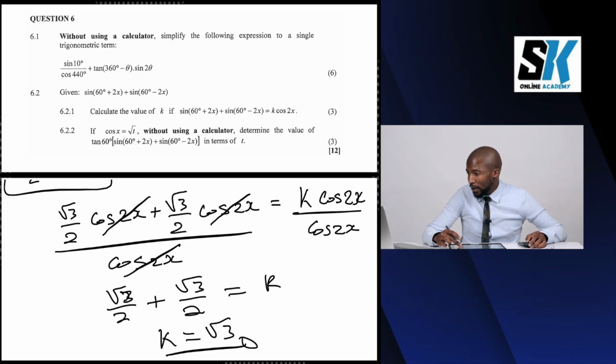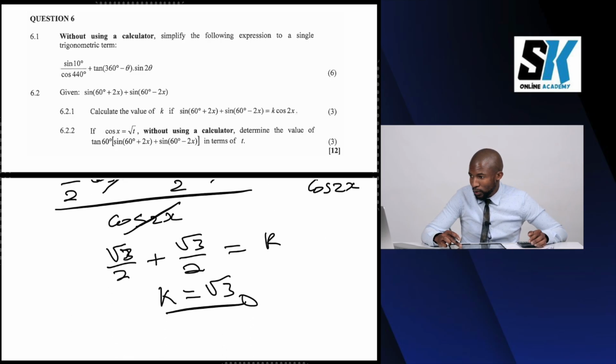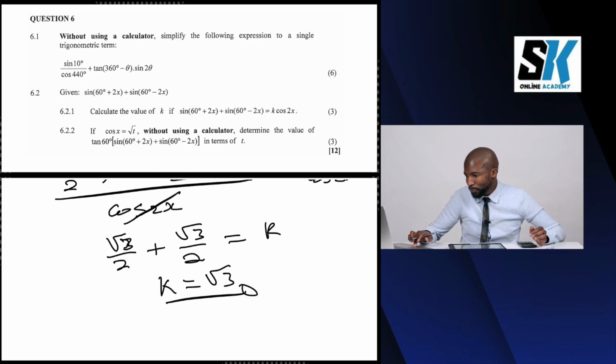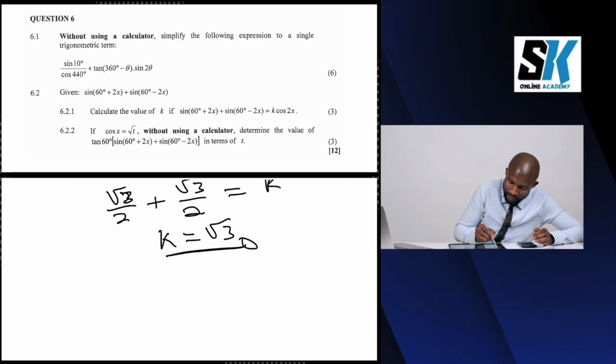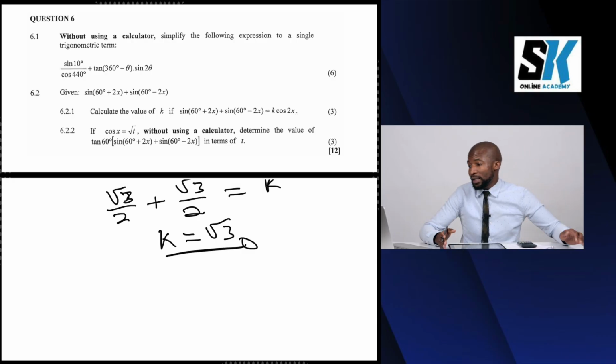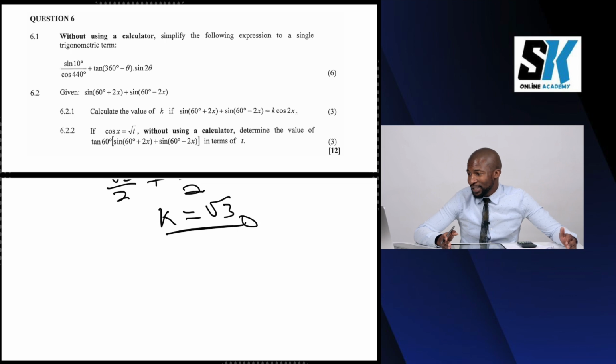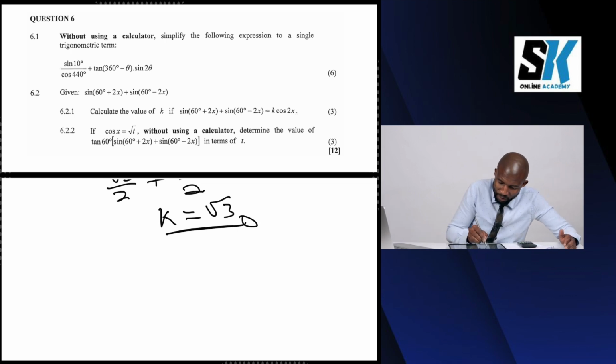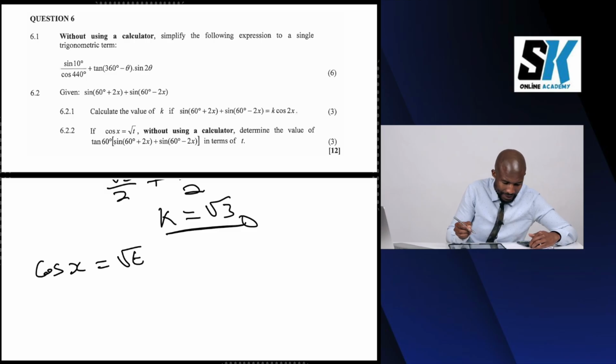So for the last one, which is 6.2.2, it still follows under what we are given. Let's hope this one won't be a train smash, but we will see. So it says if cos x, now this time around, if cos x is equal to root of t.